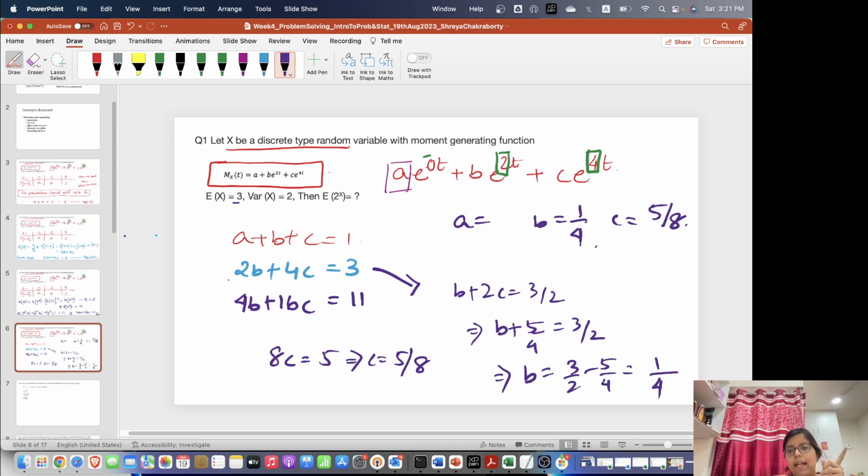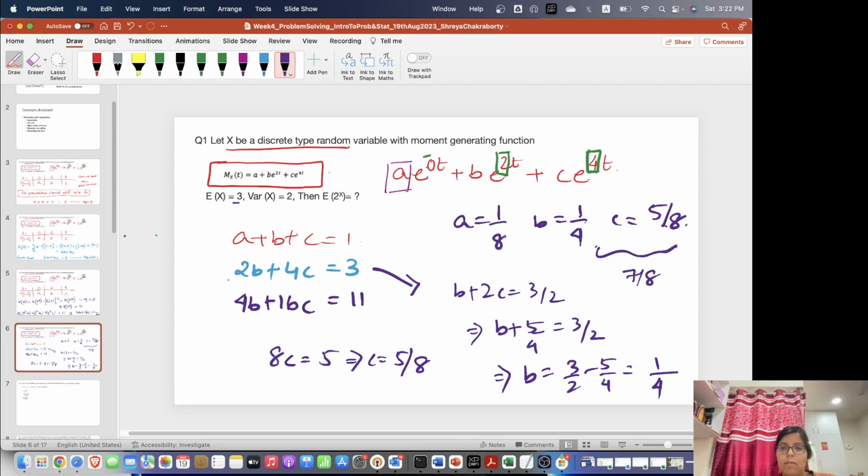And then adding these two and subtracting from 1, A will be how much? Can you please calculate? So these two will add up to 7/8.